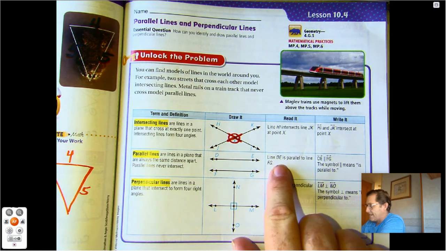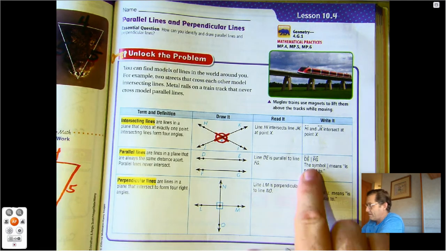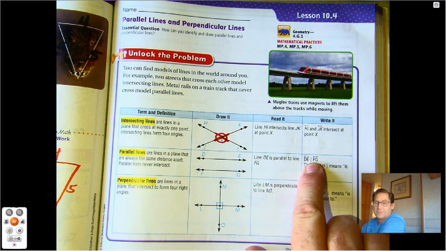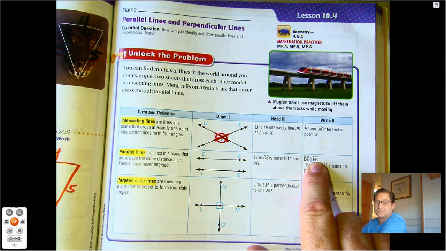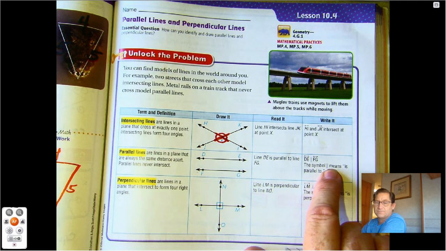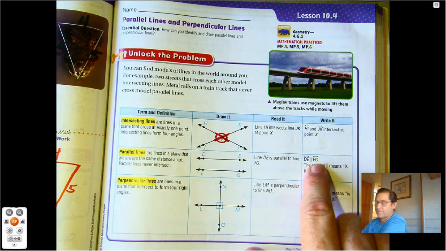So we read this as line DE is parallel to line FG. Our symbol for that would be line DE, the parallel symbol, line FG. The symbol means is parallel to.